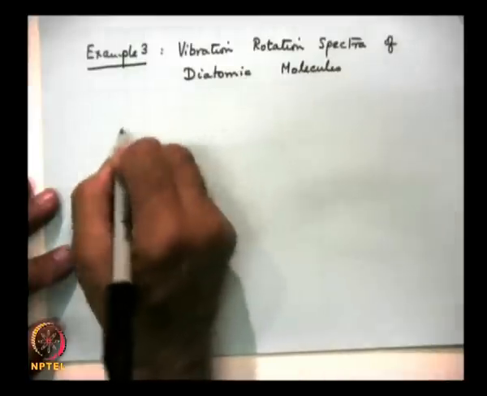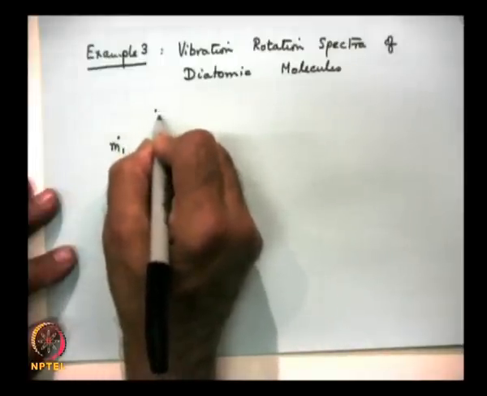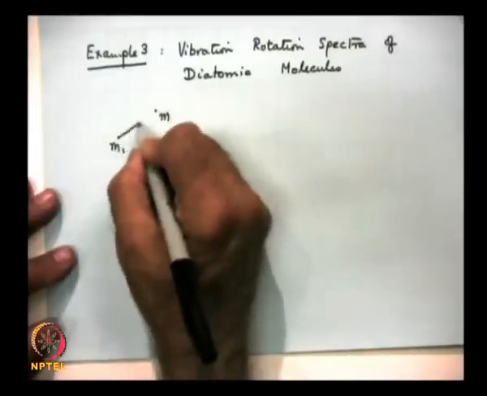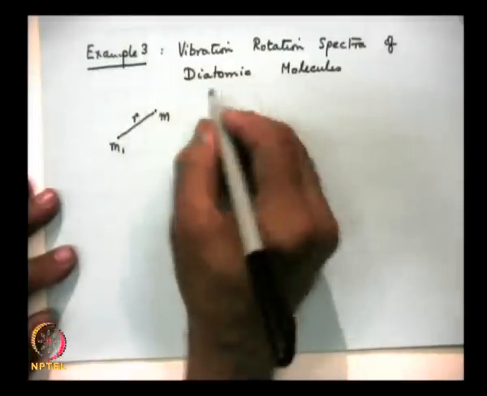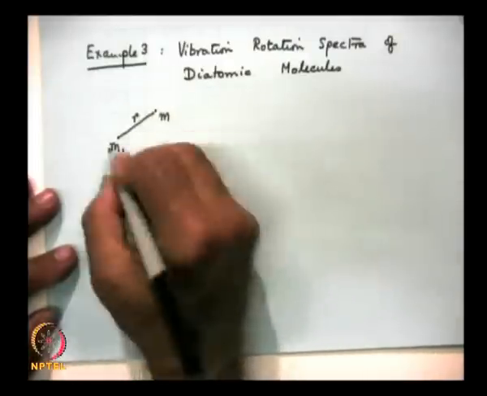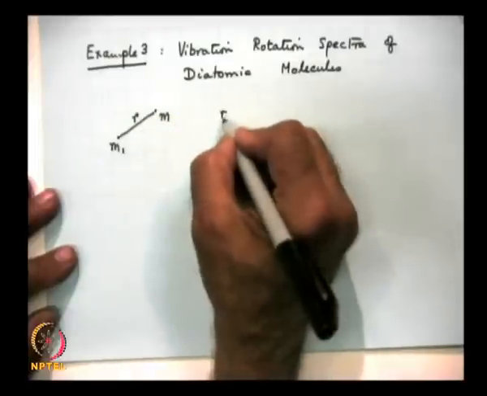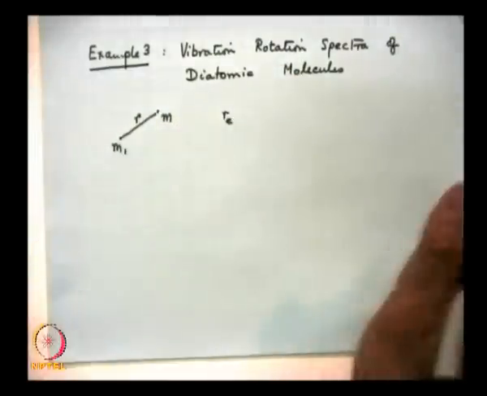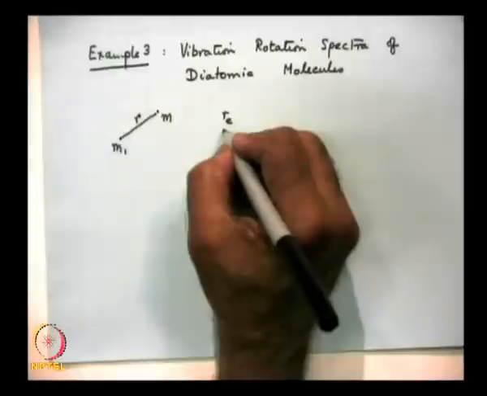Let the mass of the two atoms be m1 and m2, and this is the distance r, and we assume a Hooke's law type of force, so that there is an equilibrium distance Re, and if you displace it in any direction, then there is a restoring force which tries to bring it back to this equilibrium.